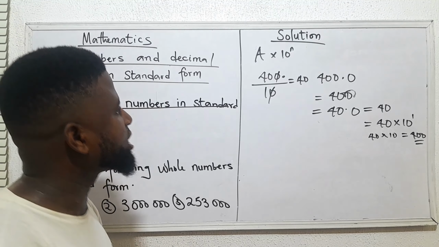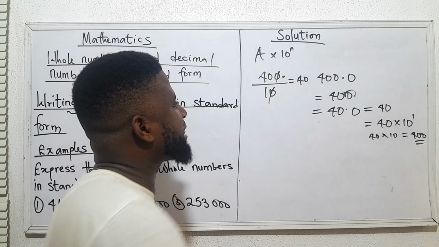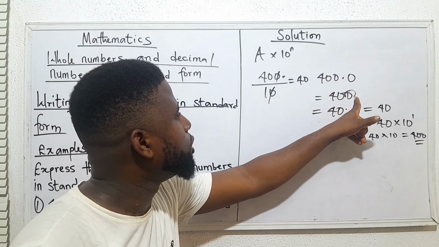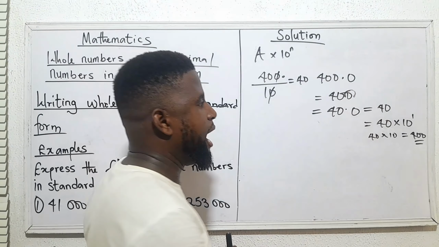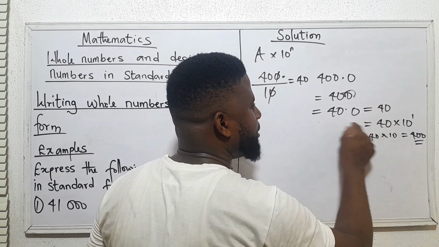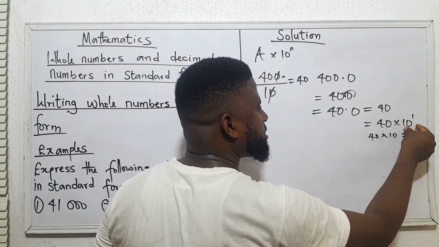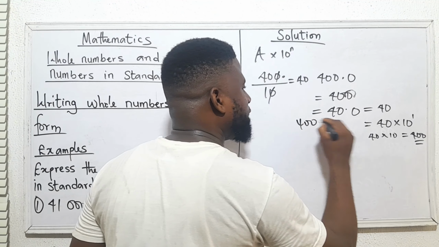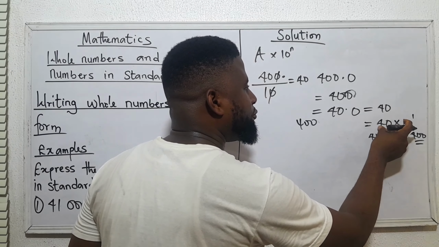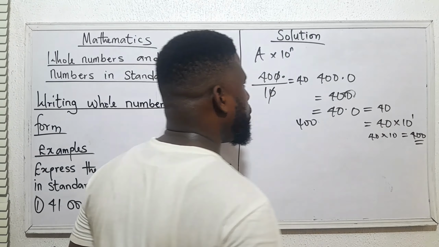So 400 divided by 10 can be done just by shifting the place of the decimal point backward one time. If I shift it backward one time, it is the same thing as 40 times 10 raised to power 1, which means 400 can also be rewritten in this form, 40 times 10 raised to power 1.